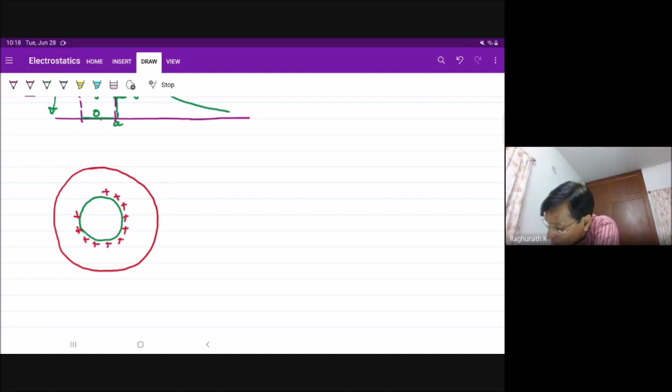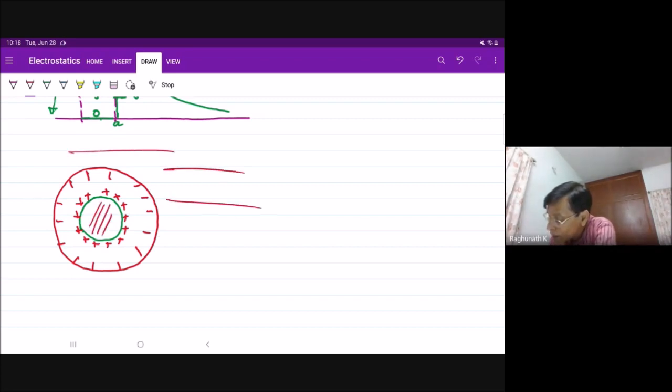It goes on to the outer surface of the inner sphere. An equal amount of negative charge is distributed on the inner surface of the outer sphere. Let us suppose these two conductors are there in a system where charge Q on both conductors is the same. Definitely the field inside is 0.